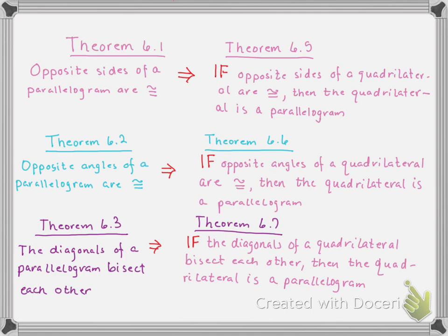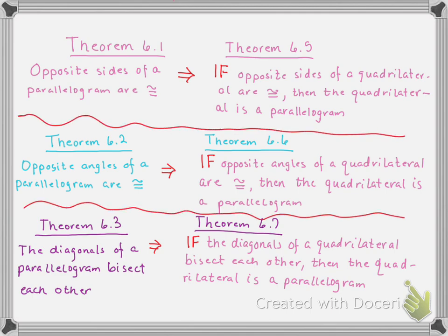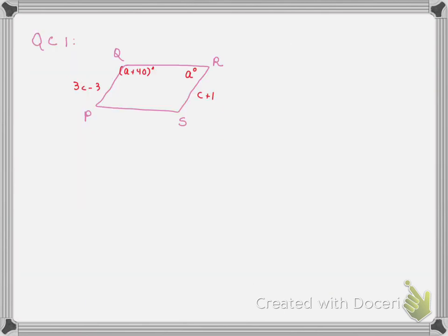I'm looking to see what I'm missing. Oh, theorem 6.4 was the one with all the 3 parallel lines. Just wanted to make sure I did not number them incorrectly. So again, we've got our pairs. One is the theorem, the other is the converse.